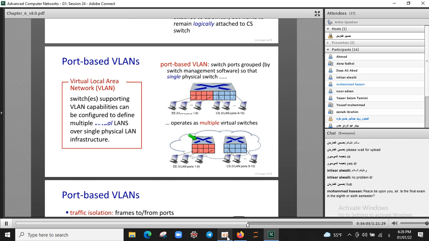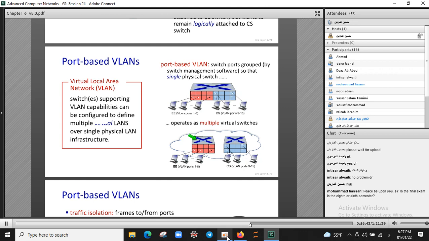Because physically, if my switch does not support VLAN, I need to use two separated switches, something like this. One separated switch in EE and the other in CS, computer science, using two separated switches to connect those systems inside each of those departments.